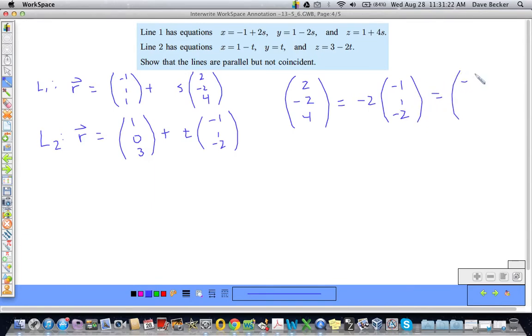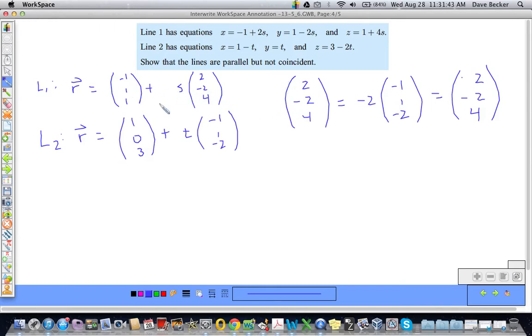Negative 2 times negative 1 is positive 2, then -2, positive 4. So this shows that they're parallel because one directional vector is a multiple of the other. But not coincident, okay? Meaning they're not the same line.